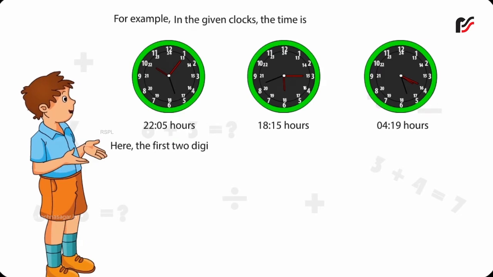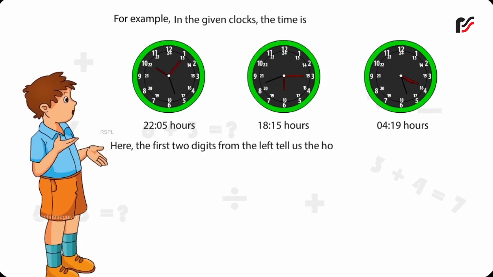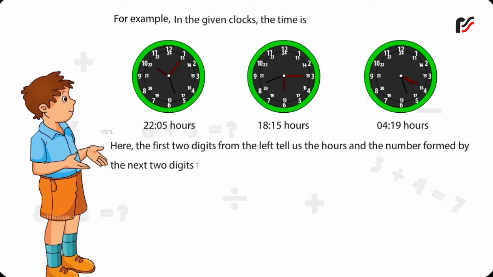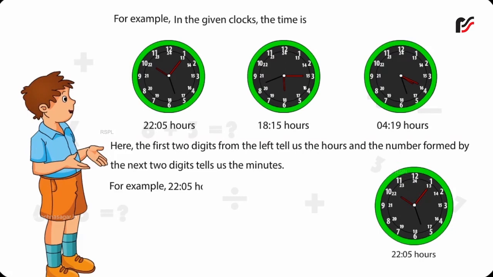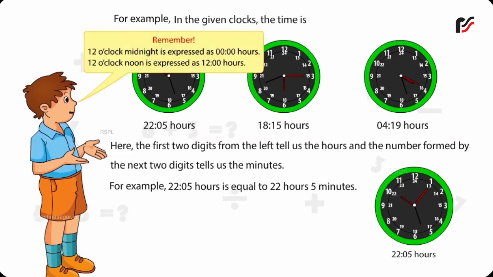Here, the first 2 digits from the left tell us the hours and the number formed by the next 2 digits tells us the minutes. For example, 22:05 hours is equal to 22 hours 5 minutes. Remember, 12 o'clock midnight is expressed as 0000 hours. 12 o'clock noon is expressed as 12:00 hours.